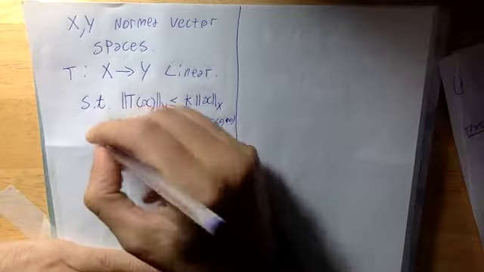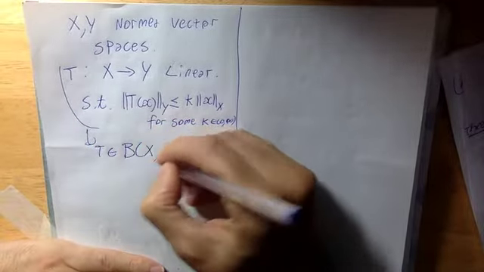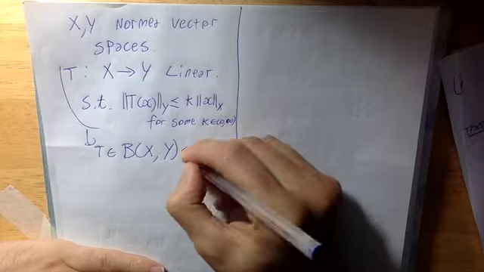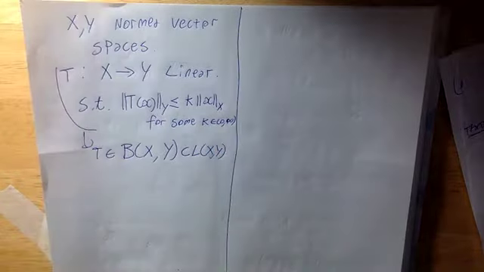So this is the definition that T belongs to the bounded linear operators from X to Y, which is contained in the linear operators from X to Y.